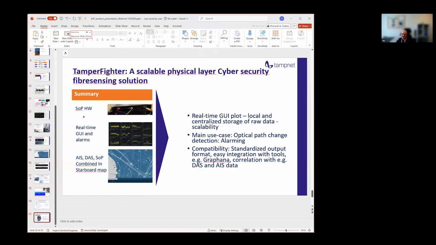The main use case for us is a change in the optical path, any sudden change in state of polarization, and it needs to have some strength, and then we have an alarm on that. And I think compatibility on the output is important, like opening up for using more standard tools like Grafana, audio processing tools, and so on.